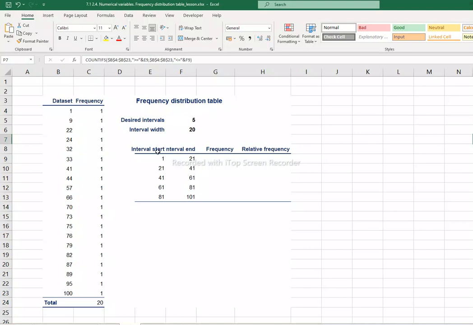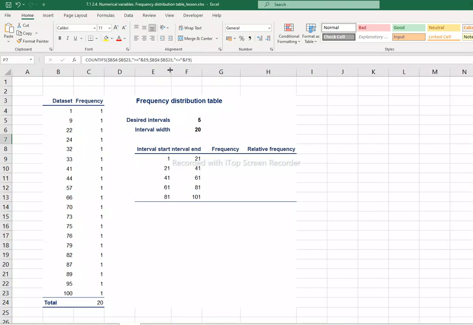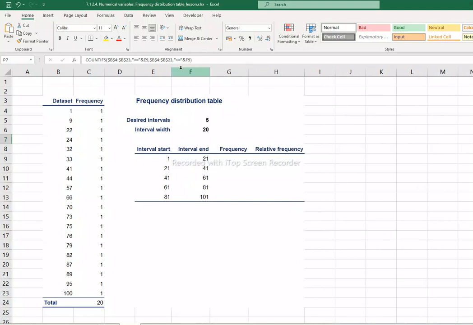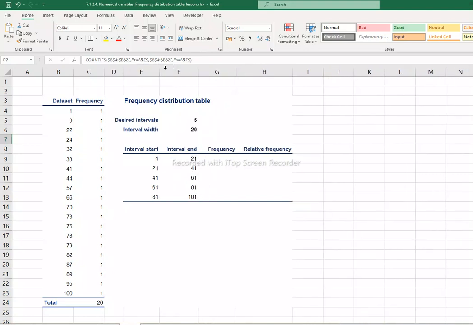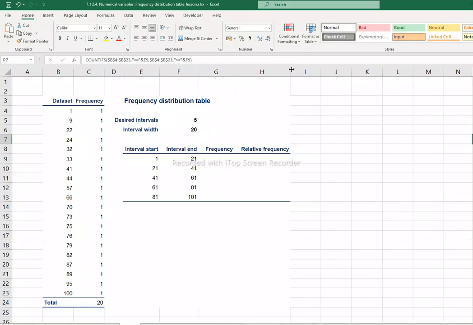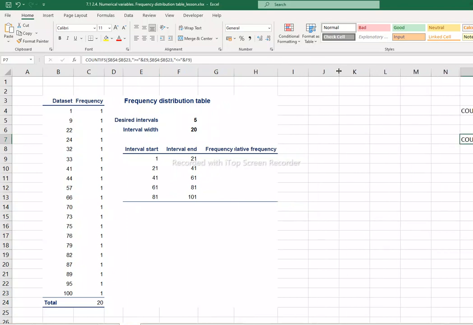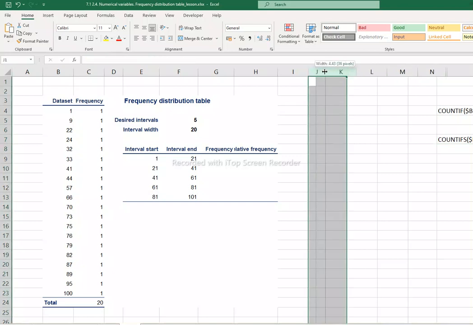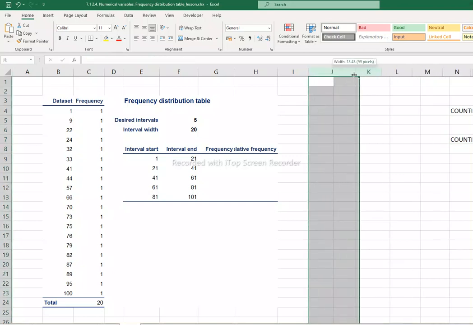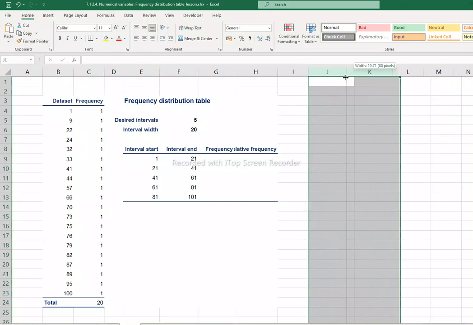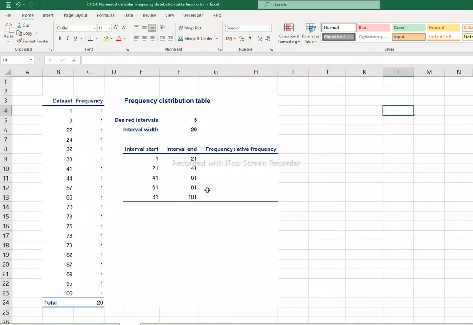We have created the interval start and interval end, so we have created 5 intervals with a difference of 20.